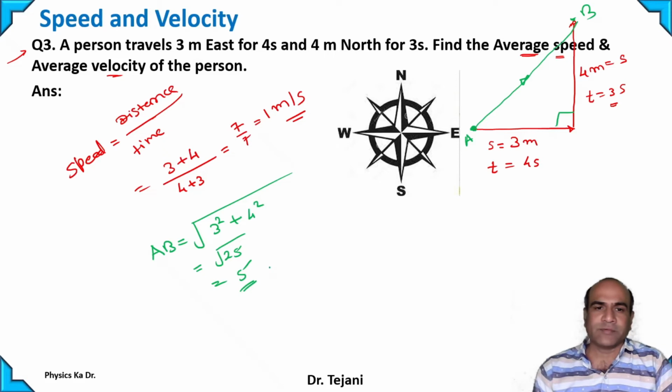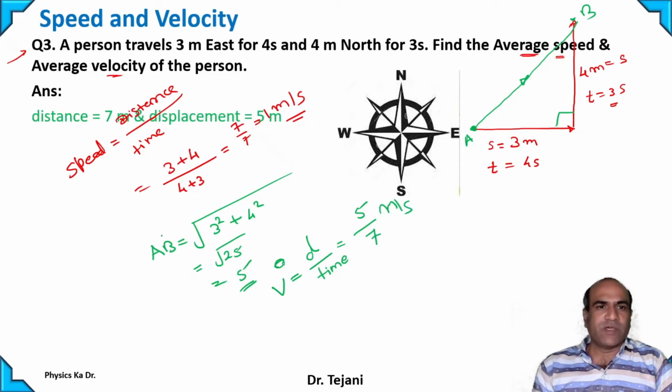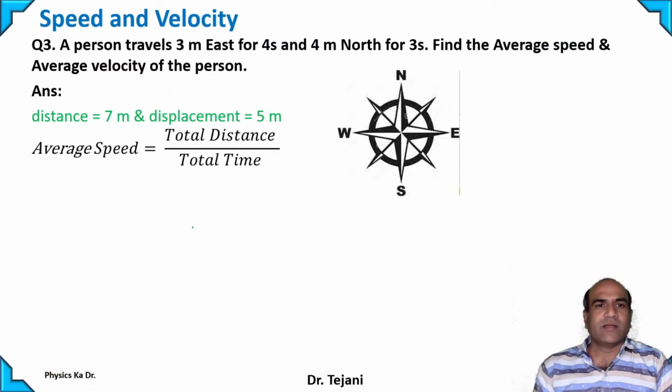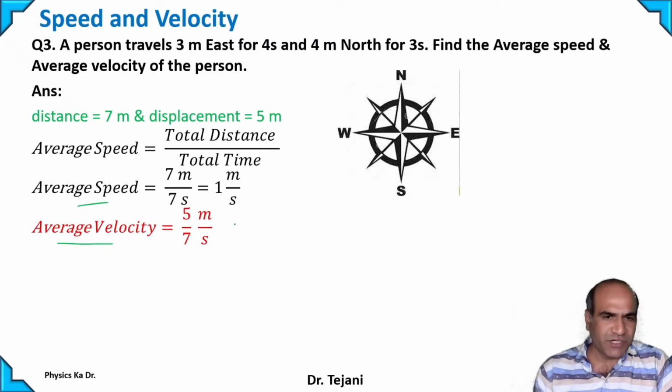Answer is 5. So when we talk about velocity V, again it is total distance divided by time. No, it is not total distance, it is total displacement. So displacement is 5 divided by time, 7, so 5 by 7 meter per second, right? So we have distance and displacement, and the answers are there. Speed is total distance by total time, and therefore average speed is 1 meter per second. Similarly the average velocity becomes 5 by 7. We already checked this, right?